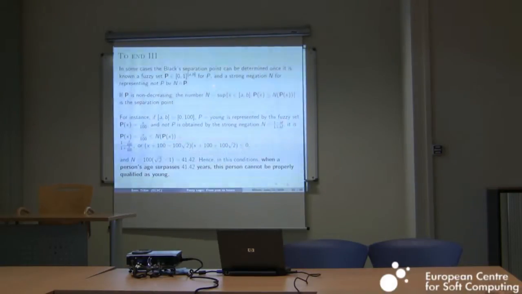I write this inequality, I solve it, and I have this solution: 41.42. In the hypothesis that young is represented in that way, and that the not is represented by this negation, I say that up to 41.42 is young. But in the moment in which I pass 41.42, it's not proper to say that it is young. It is more not young.